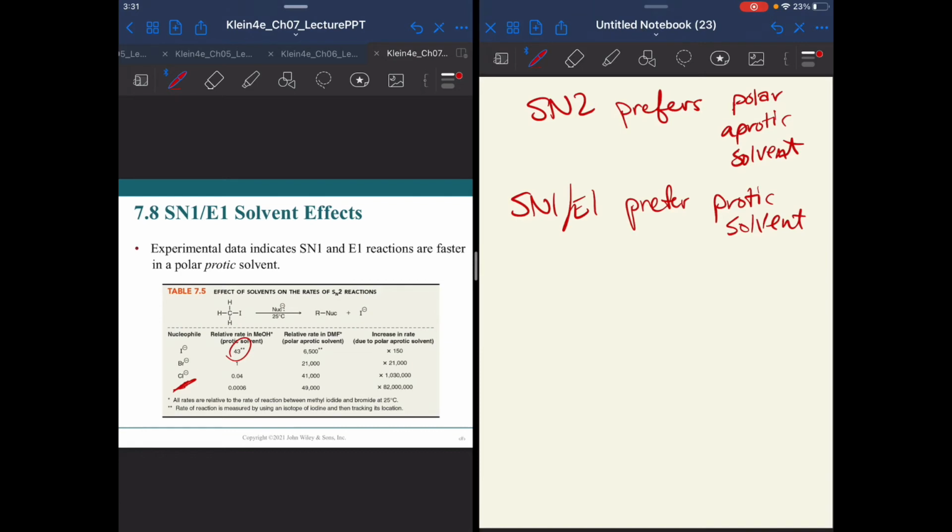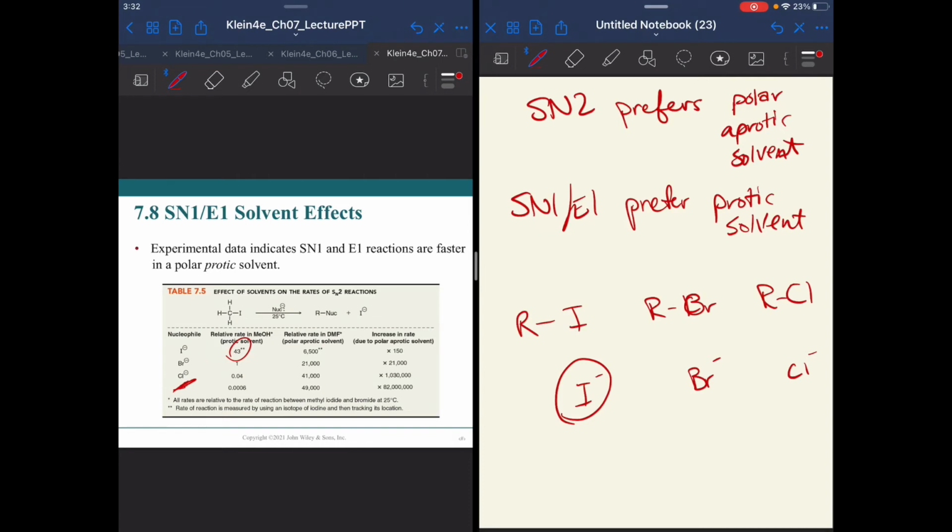And that's because it is the most polarizable. When we think about what's a good leaving group, iodine is the best leaving group because it is bigger, right? It is going to be more polarizable, meaning that charge can spread out. So this is typically the most stable of the leaving groups.